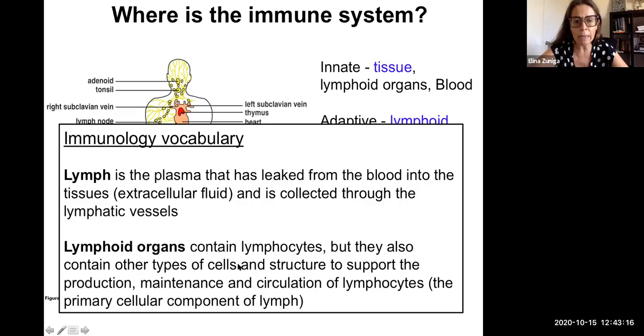But the primary cellular component of the lymph are the lymphocytes, and that's where the lymphocyte name comes from, because they are the main cellular component of the lymph. Okay, just anecdotally.